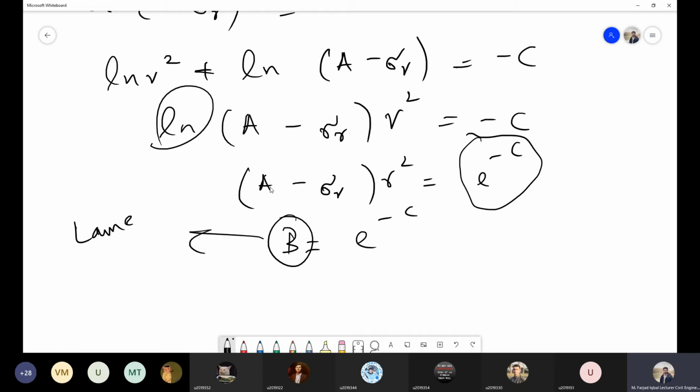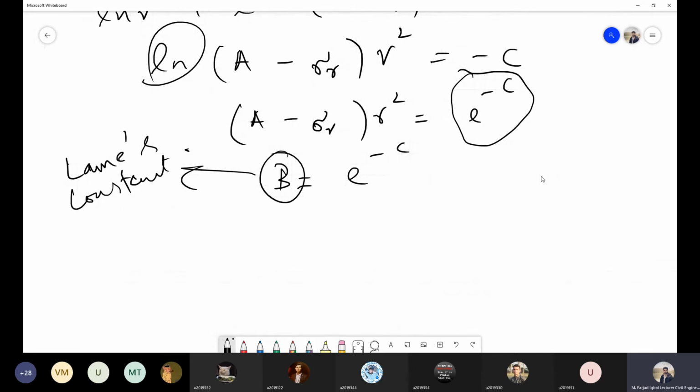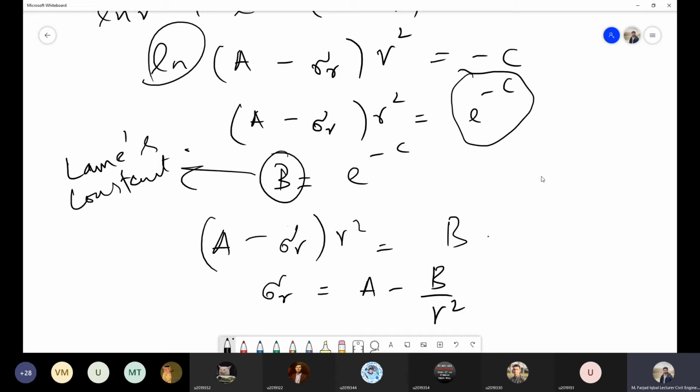Since this is also a constant value, it is represented by this factor b. Now in most of the questions, first let me just finish this one, then I will explain the significance of these two constants. So that will give me a minus sigma r into r square is equal to b, and if I simplify this one, I will get a minus b over r square.